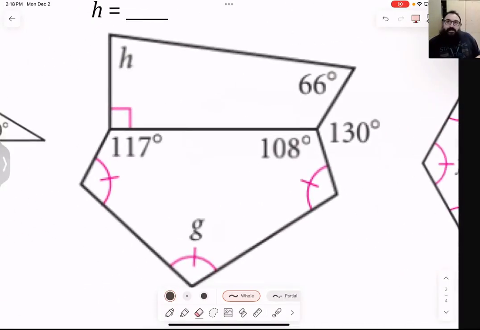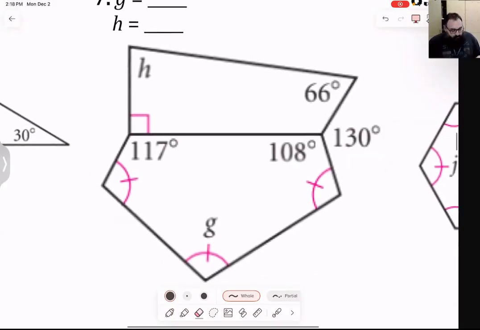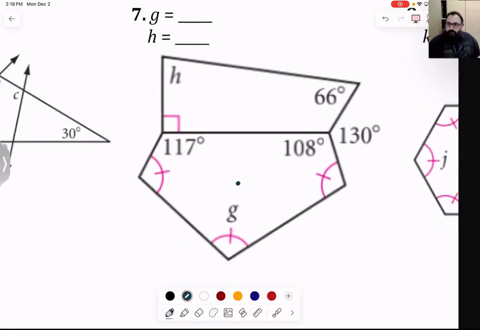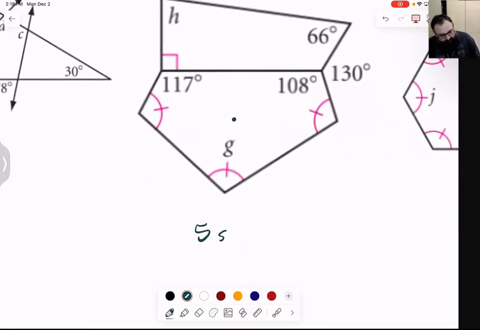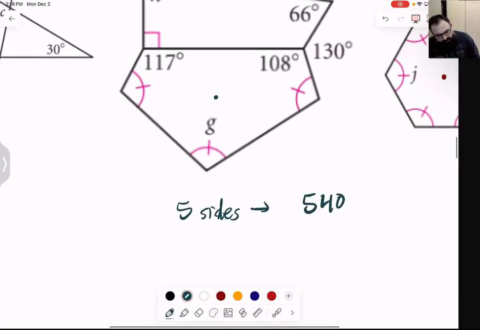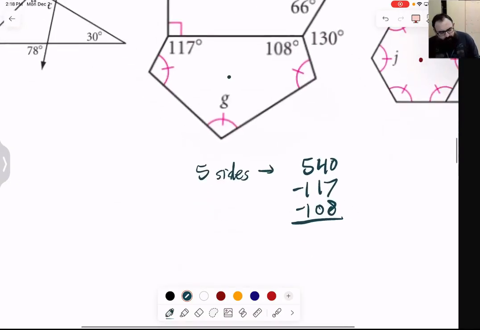This one's kind of tricky. Now, how many sides is that shape? 5. Do you guys remember what a 5-sided shape totals? I think it's 540. And if we subtract out the 117 and the 108, we are left with 315. No, that's not right.